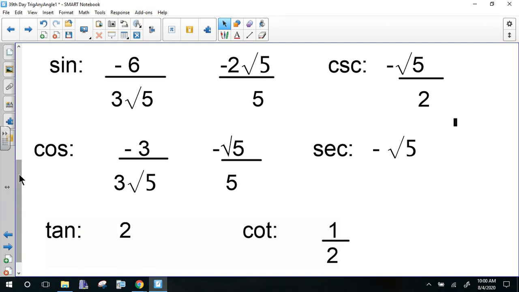Flip it, get 1 over 2. So tangent was opposite 6 divided by adjacent 3. We get 2. So again, tangent and cotangent are positive in quadrant 3. All the other trig functions will be negative.